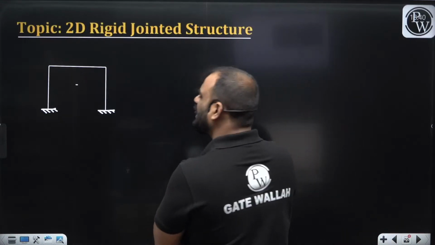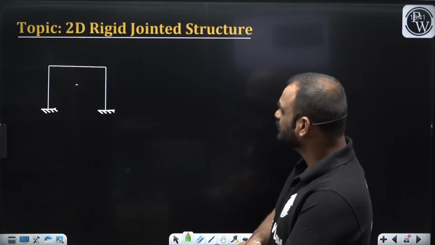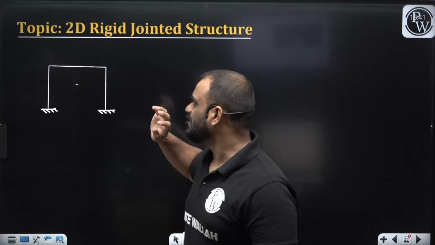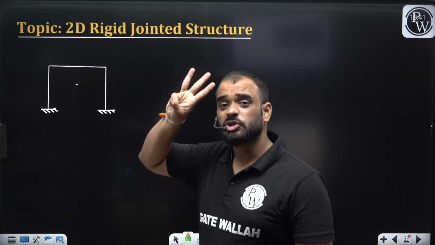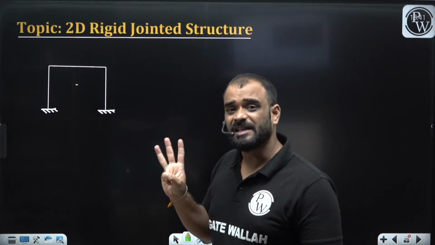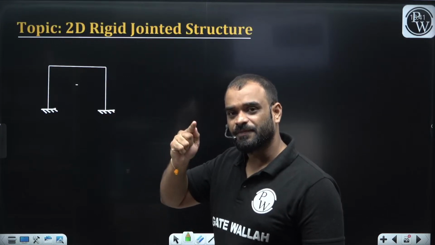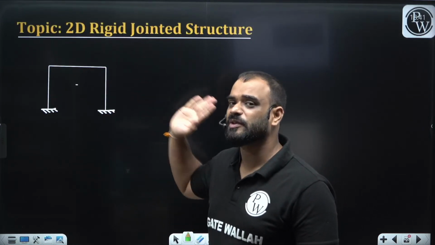But before that, let us understand one thing. Each and every rigid joint in this structure can have 3 joint displacements, which are delta x, delta y and theta z, possible at each and every joint.